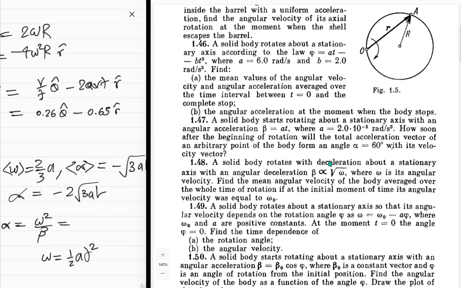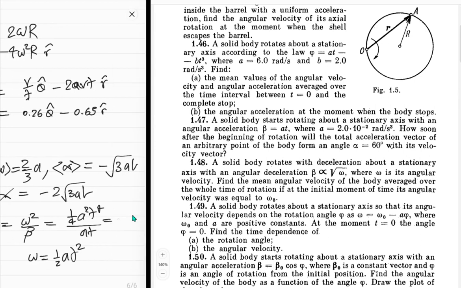We already did this derivation. So now it's just omega squared upon beta. Half a t squared, squared, is going to be 1/4 of a squared t to the power 4, and that upon beta, so a times t. Cool, that should just be equal to 1/4 of a squared t cubed.